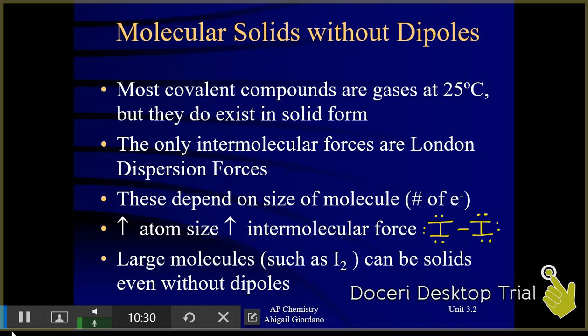Two iodines together have a great number of electrons. That is a very polarizable compound. And thus, even though it experiences LDFs only, the LDFs are relatively strong, which is why at room temperature, iodine is a solid. Whereas move your eyes up the periodic table in the same family, F2, fluorine is a gas. It's held together exactly the same way, but fluorine is a much smaller atom, fewer electrons, much less polarizable.